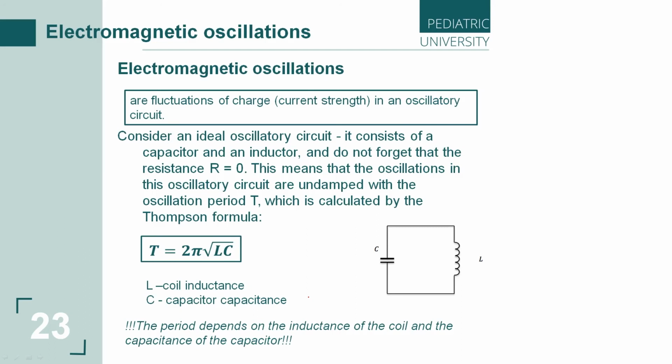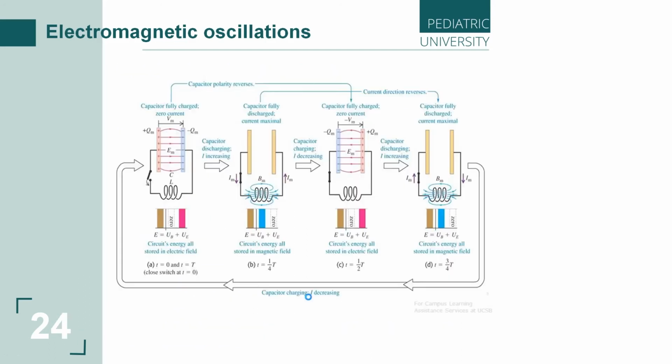According to this ideal oscillatory circuit, let's consider the process of electromagnetic oscillations in an oscillatory circuit. We have the ideal oscillatory circuit with a capacitor and a coil.